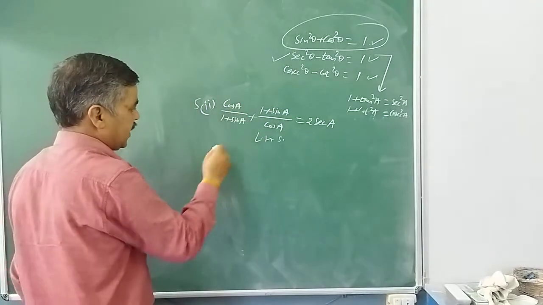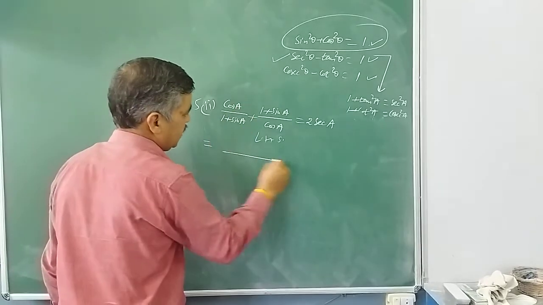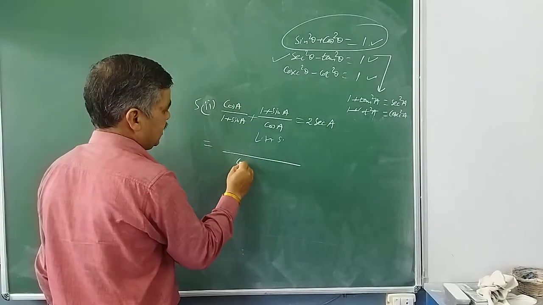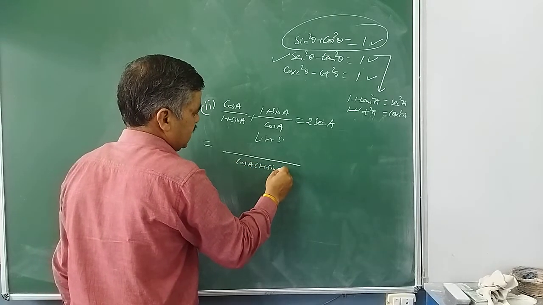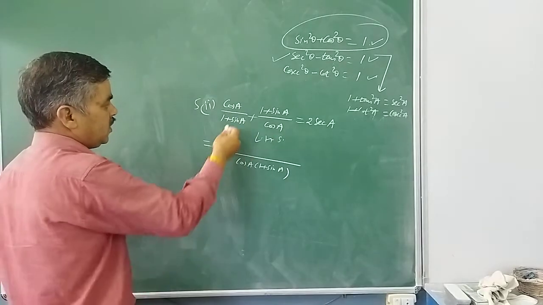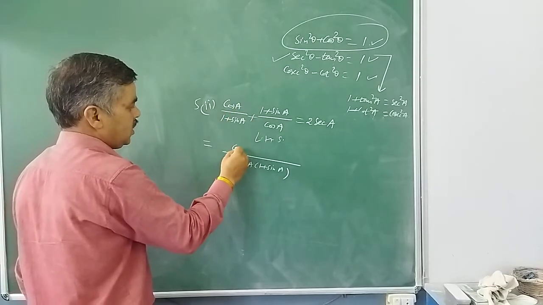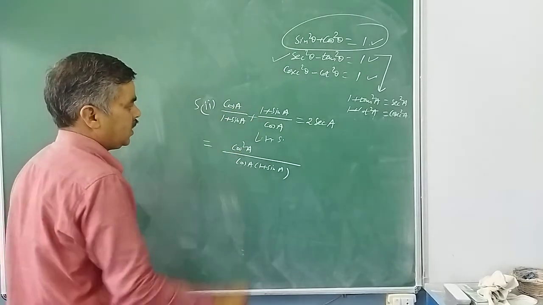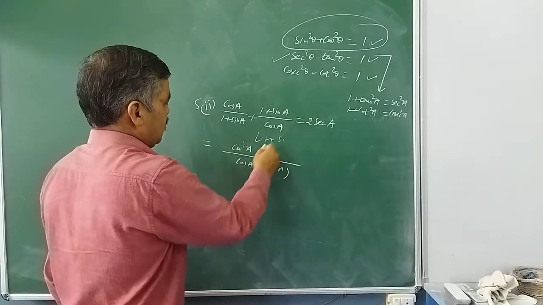So you have to write that left hand side, and here I have to take the LCM in left hand side. I will be getting cos A into 1 plus sin A. First of all, you will write as it is the left hand side I am starting with. Then 1 plus sin A into 1 plus sin A will go off. Cos A into cos A will make it cos square A. Plus again cos A will go.